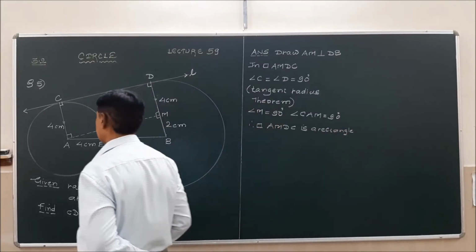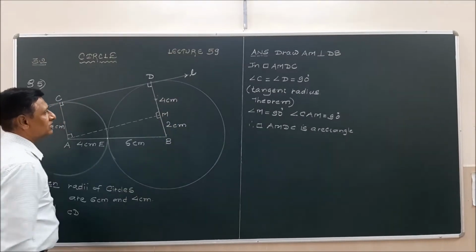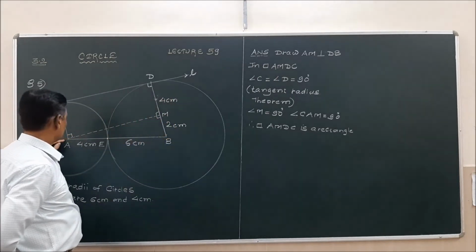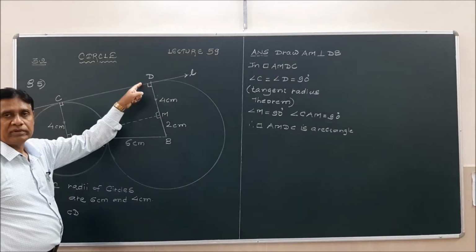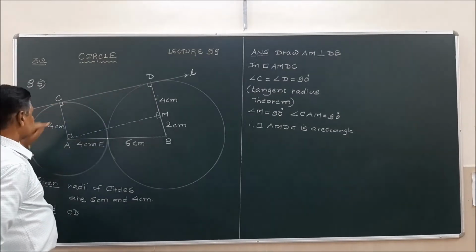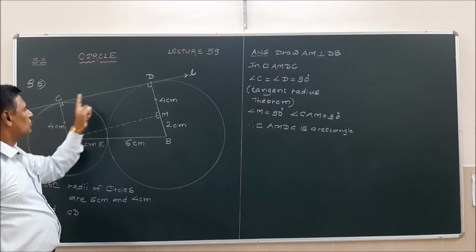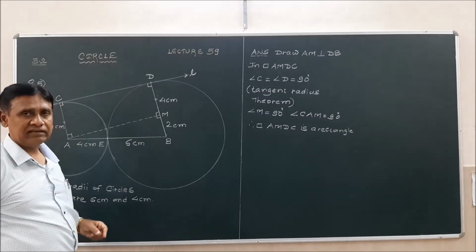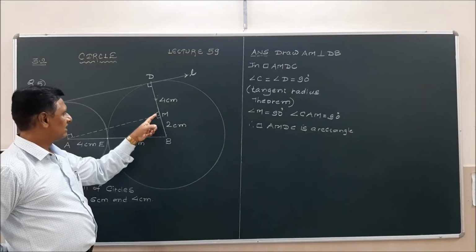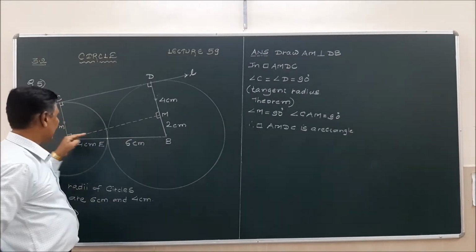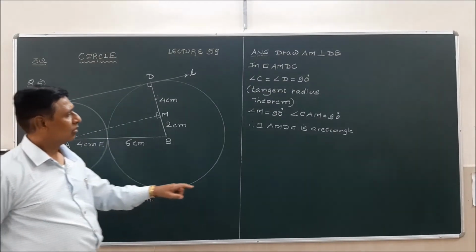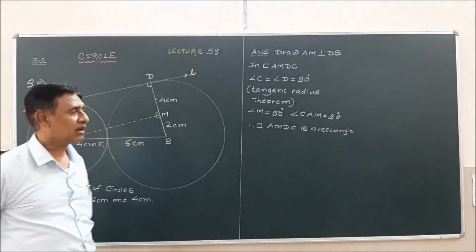Okay, please have a look here. Again, draw AM perpendicular to DB. In quadrilateral AMDC, angle C is equal to angle D, and each one of them is 90, by tangent radius theorem. Angle M is 90. Angle CAM is the remaining angle of the quadrilateral, therefore it is also 90. So quadrilateral AMDC is a rectangle.